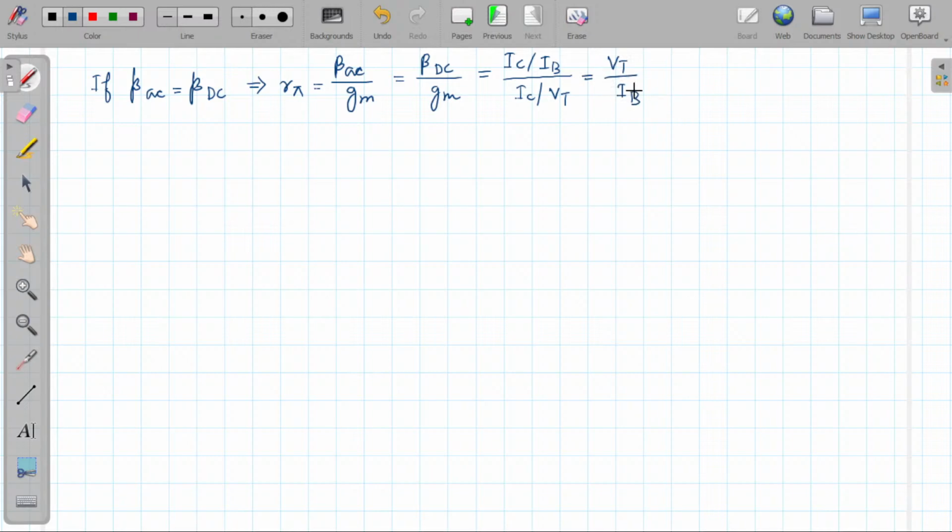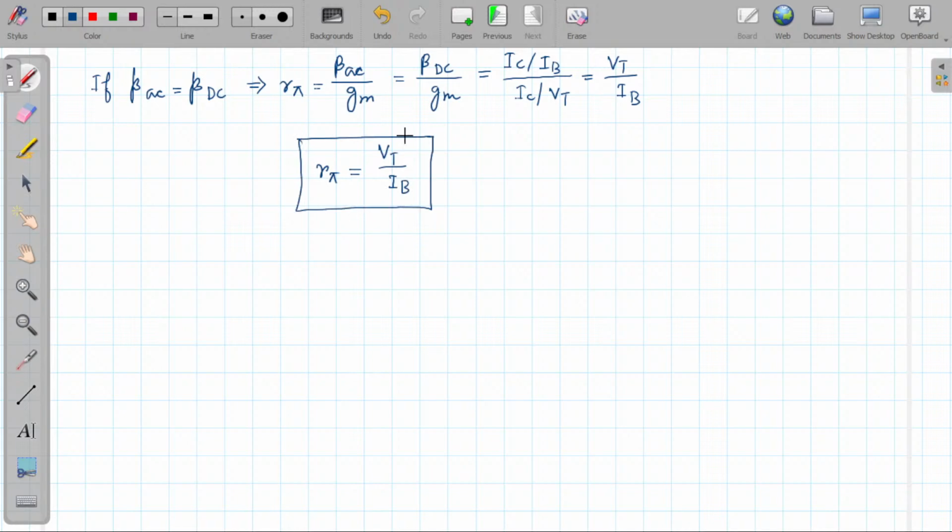So if the beta AC and beta DC values are equal to each other, we can say that the internal input impedance of the transistor according to the RE model, that is R pi, will be given by the thermal voltage divided by the DC base current.